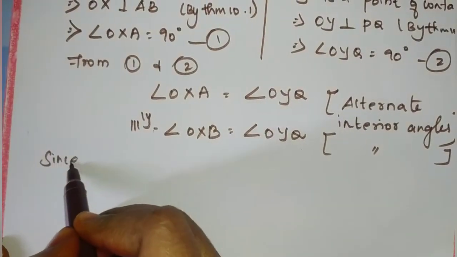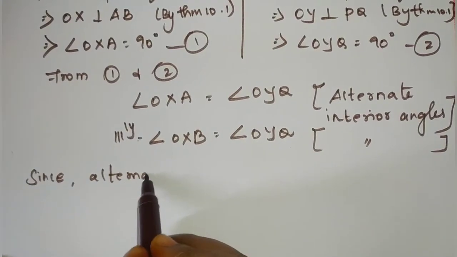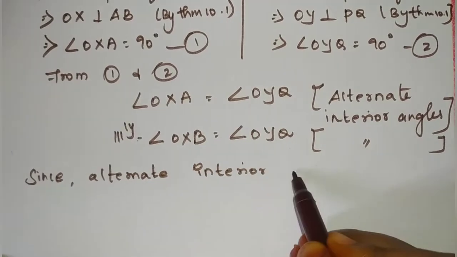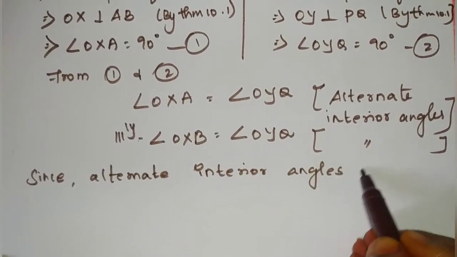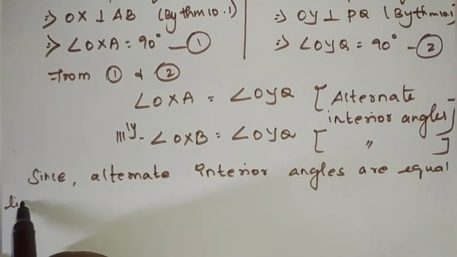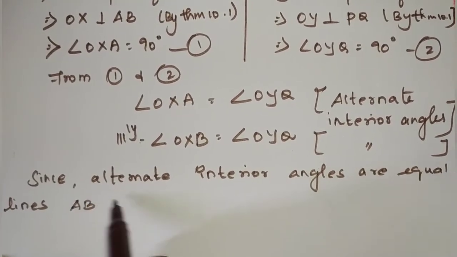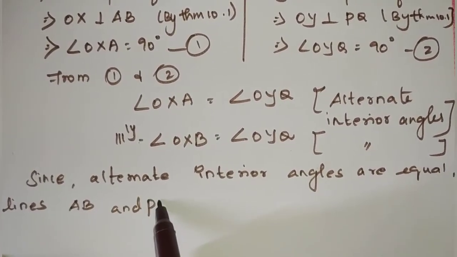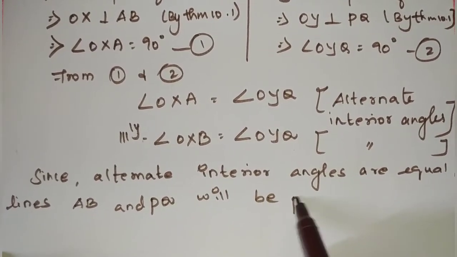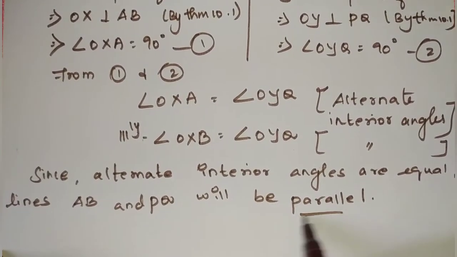Since alternate interior angles are equal, the lines AB and PQ will be parallel. That must be parallel. Clear, children?